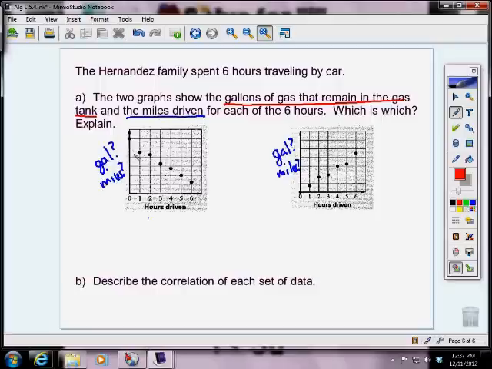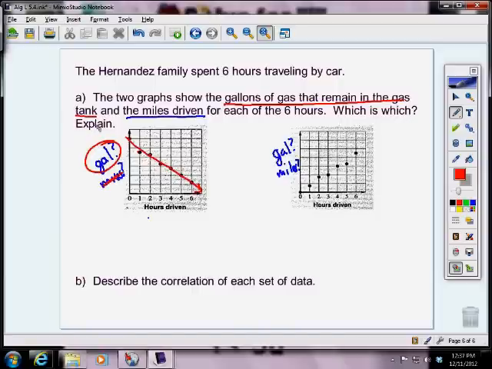Okay, so think about this. Obviously this one shows a negative correlation. They're going down. So when we think about this, as our hours driving increased, is the number of gallons that remain in the tank going down, or is the number of miles we've traveled going down? Hopefully you'd say the gallons of gas in your tank. The more you drive, the gallons of gas that remain in your tank are going to go down. So this one would be gallons of gas.